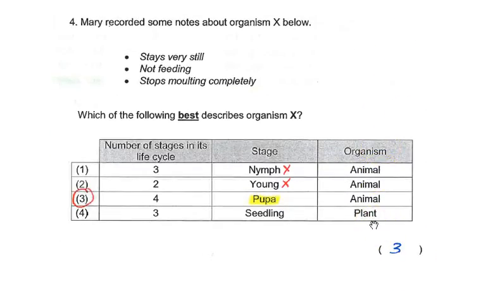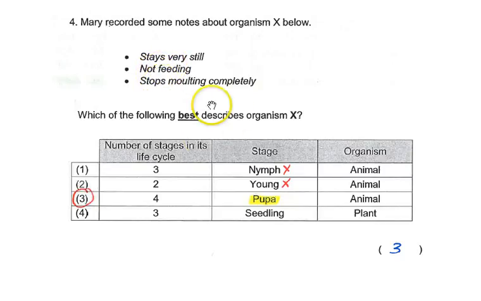Now, Mary recorded some notes about organism X below. It says that it stays very still, it's not feeding, it stops molting completely, right? Sounds very likely to be a pupa. Okay, very still, not feeding at all.